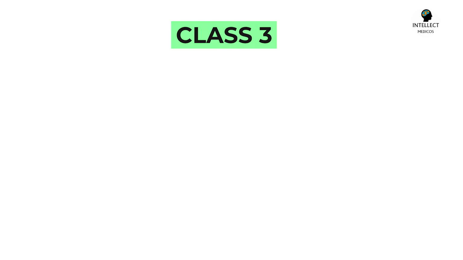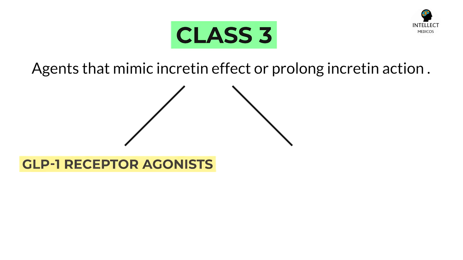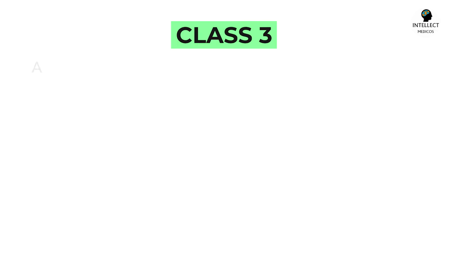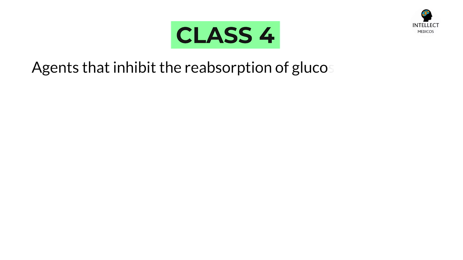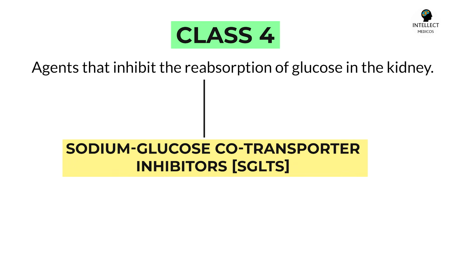Class 3, these are the agents that mimic incretin effect or prolong incretin action. And this class includes GLP-1 receptor agonists or the DPP4 inhibitors, that is dipeptidyl peptidase 4 inhibitors. Class 4, these are the agents that inhibit reabsorption of glucose in the kidney, that is the SGLT inhibitors, right?